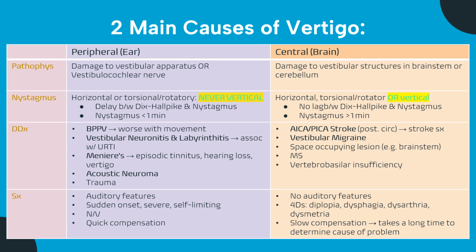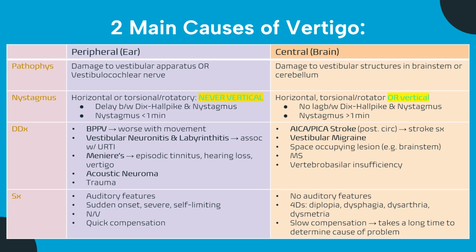In terms of your symptoms, so your peripheral signs, more likely to have auditory features. They're more likely to be sudden onset, severe and self-limiting. So especially something like Meniere's and vestibular neuronitis and labyrinthitis, they'll come on quickly, they'll be severe, and they'll go away, at least between episodes in the case of Meniere's.